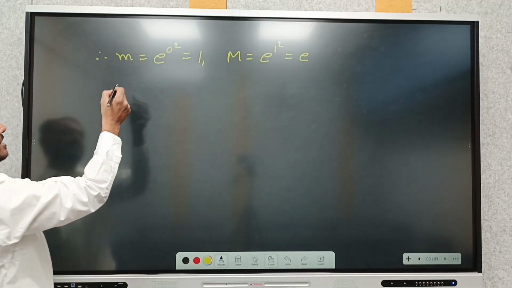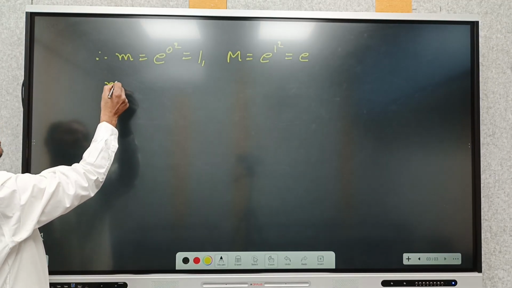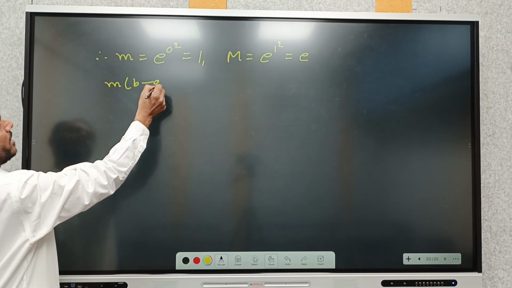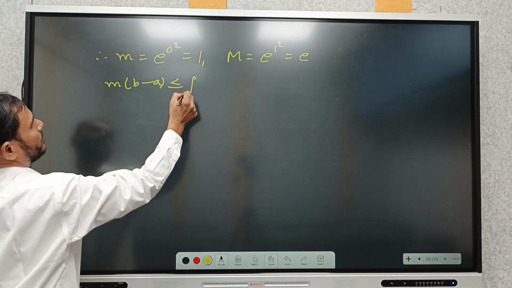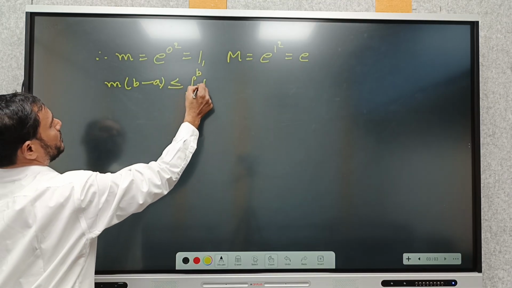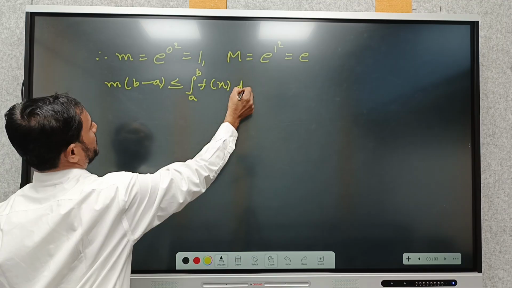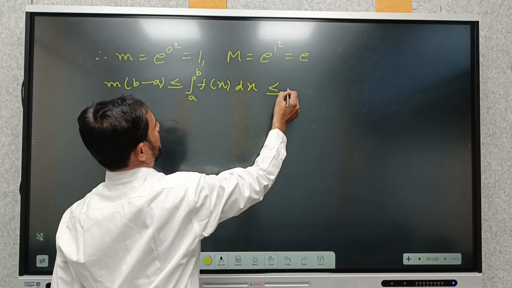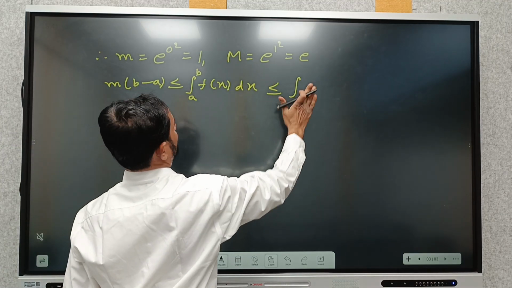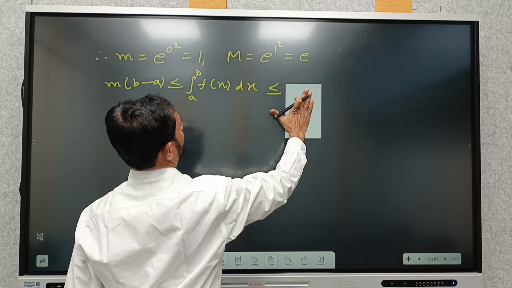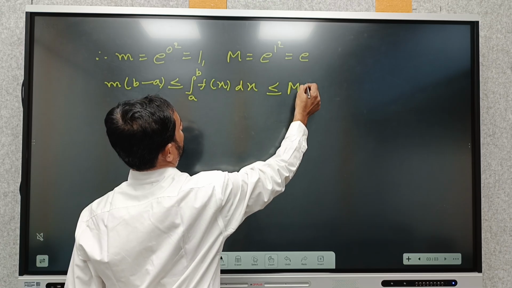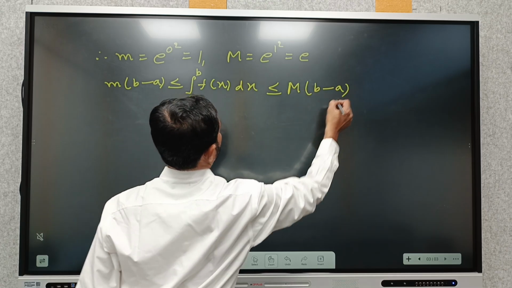Now by using the basic theorem, our formula is m(b minus a) is less than the integration from a to b of f(x) dx, which is less than M(b minus a).